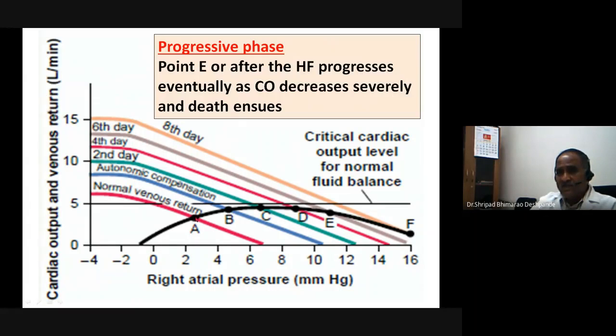So the atrial pressure here is 2 or 3 millimeters, and here nearly 5 millimeters, and here the atrial pressure, that means there is a backlog, there is a damming, or there is a venous pressure engorgement that's happening there. But it is trying to improve the cardiac output.